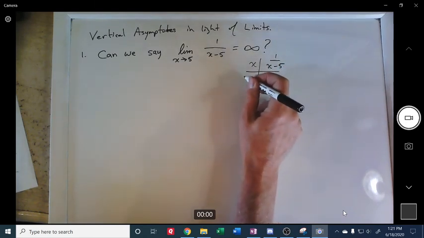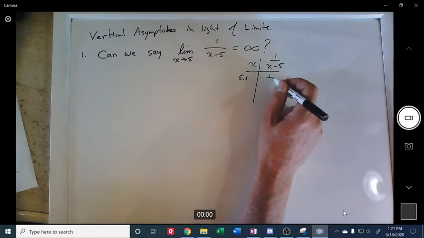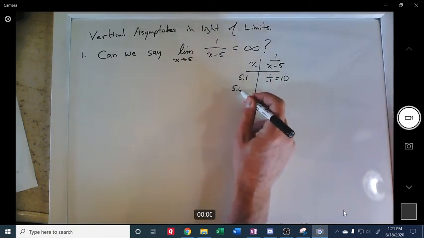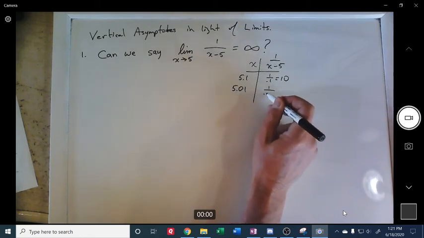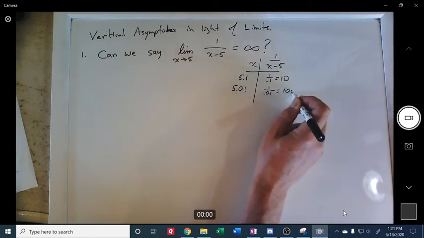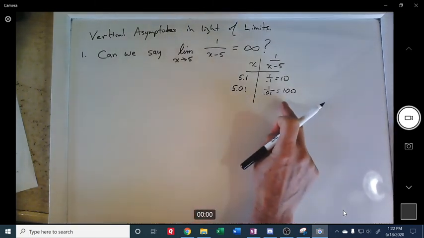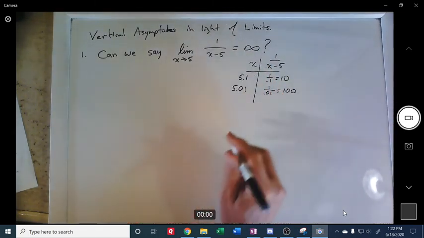If we only use numbers like 5.1, we'd be okay. 5.01. The closer we got to 5, the bigger we would get and we'd go off to infinity.